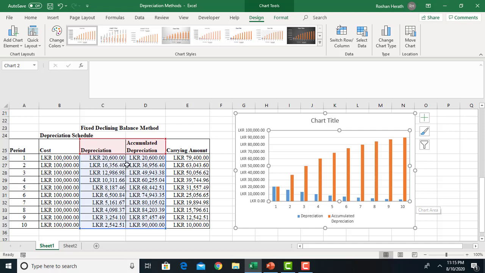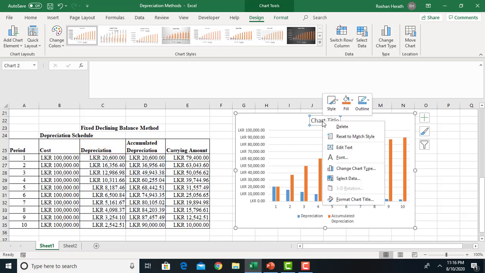In the initial years, it's going to be 20,600, whereas in the final year, it is 2,542.5. So you can see a considerable reduction is witnessed throughout the useful life of the asset.